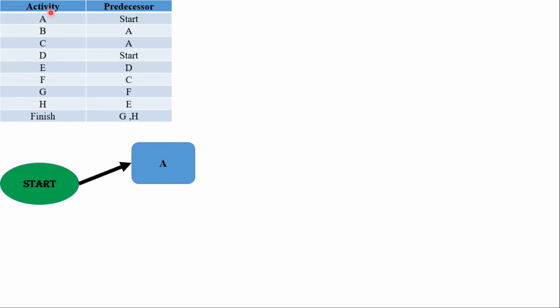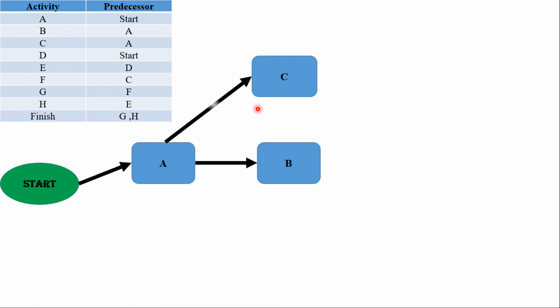Activity A does not have any predecessor, so you have to form such type of relationship. Activity B comes after activity A, so its immediate predecessor is activity A. Activity C, similarly to activity B, its predecessor is activity A.